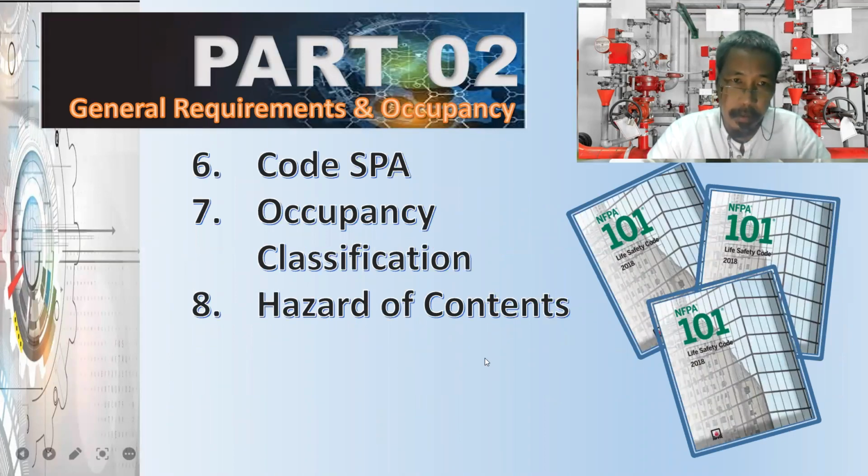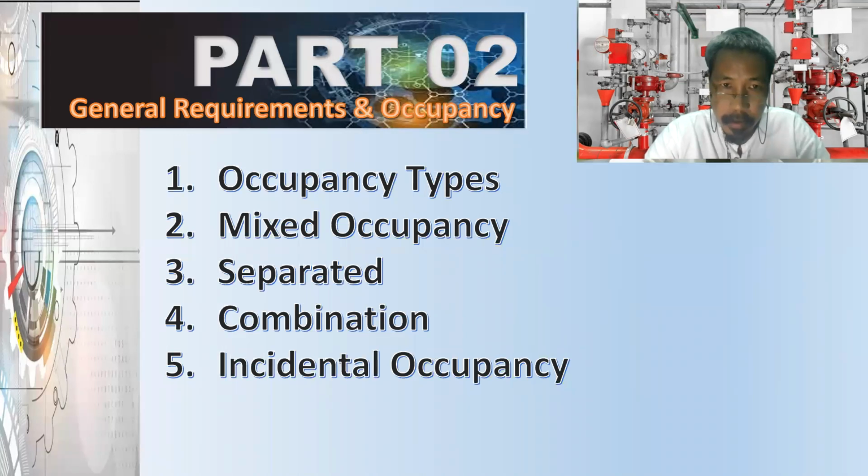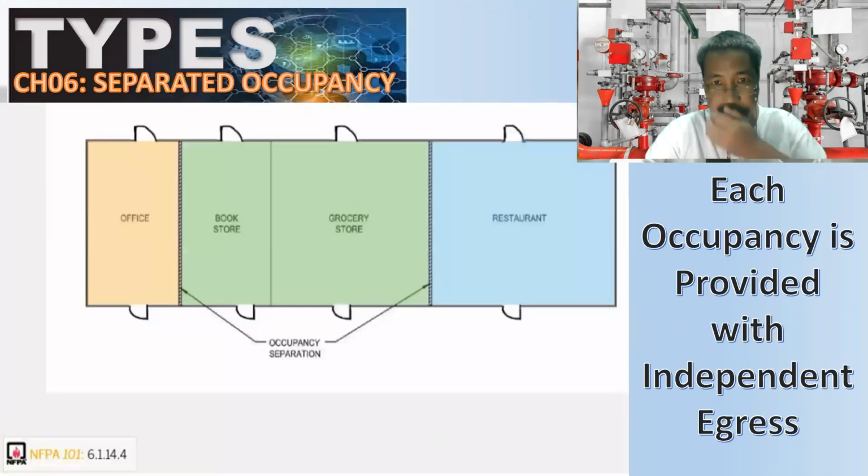Chapter or module 7 is about occupancy classification, and under it we have 5 subtopics, wherein in this current module we are now going to discuss separated occupancy.